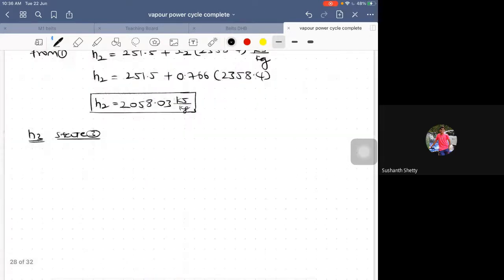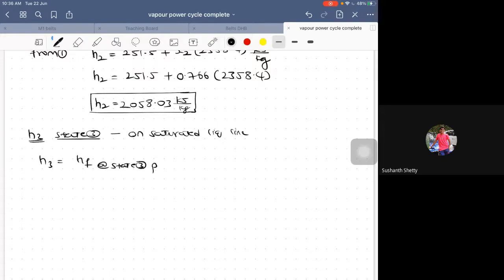Now, immediately once you have calculated the value of H2, go with state 3, which is H3. So state 3 is in which region? It is on the saturated liquid line. So if it is on the saturated liquid line, what is the value of H3? That is equal to HF at state 3, that is at the pressure of P3.